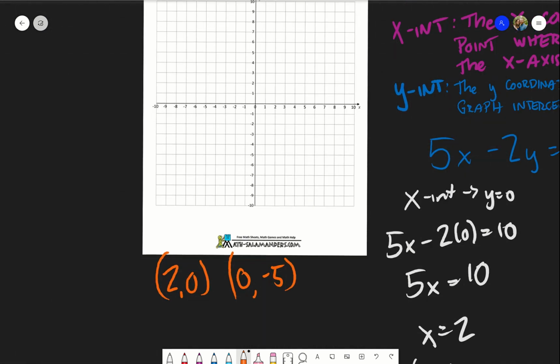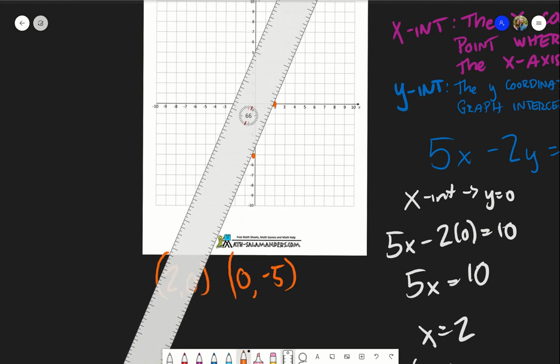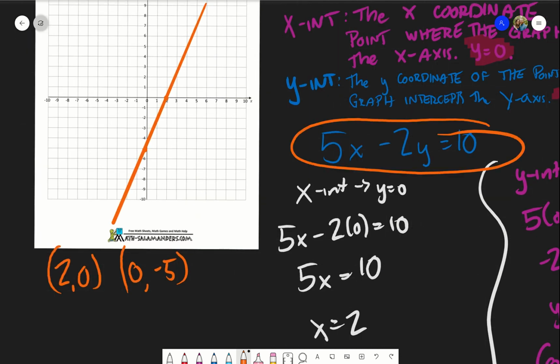Then I take my ruler, draw a nice straight line connecting the dots, and that is my linear function. This is what my graph looks like for this equation. Once I know two points, I can always make a straight line, and it will always work for me.